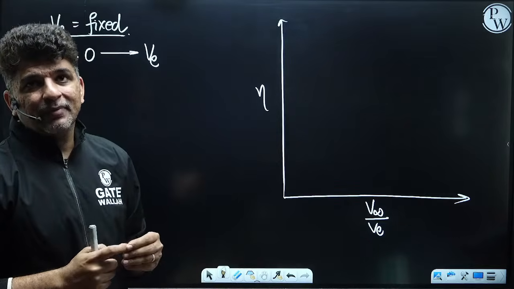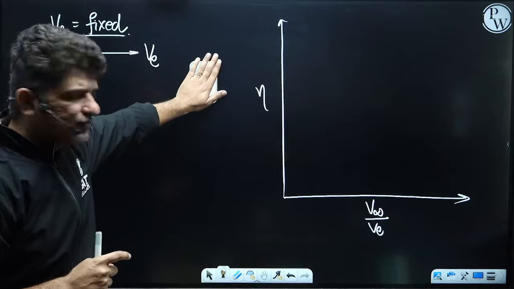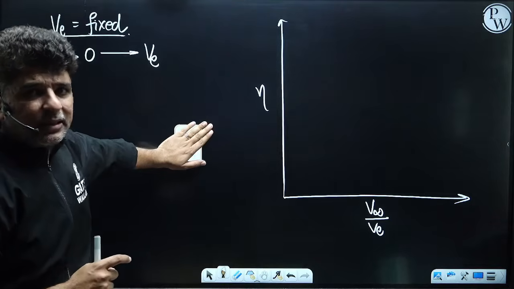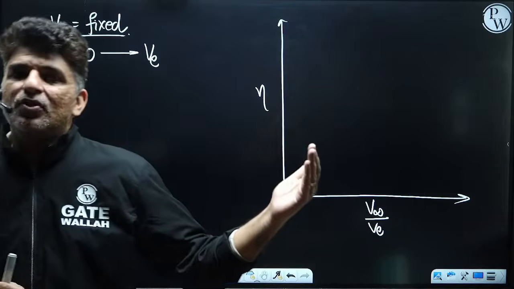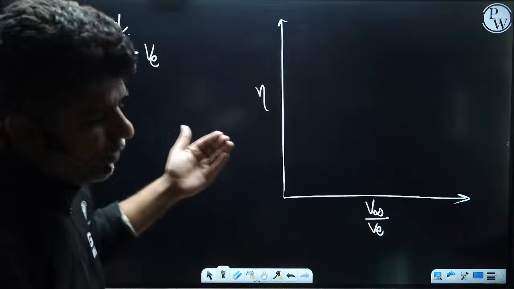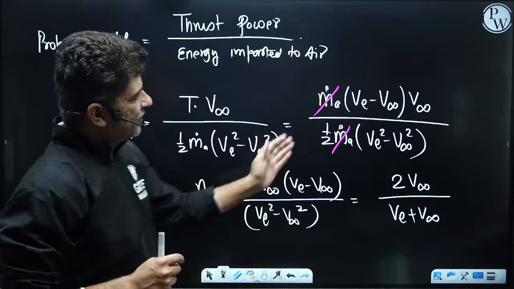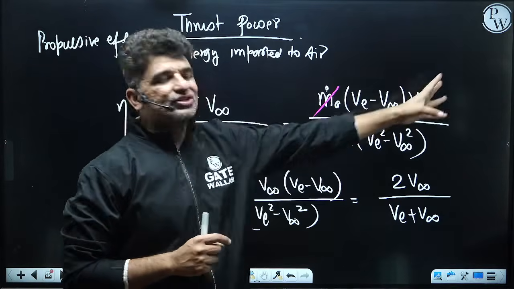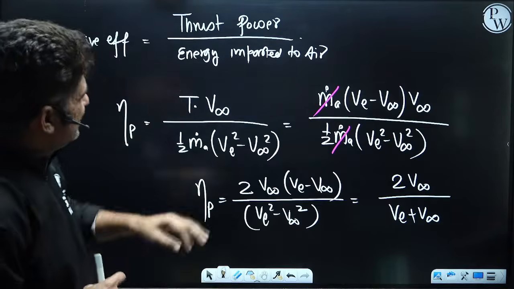But we are going to see here only the naturally breathing engines. We are not going to see rockets because the principle in case of rockets is slightly different. The equation that we have derived is basically for the gases or air which is moving out. We have not derived it for rockets.